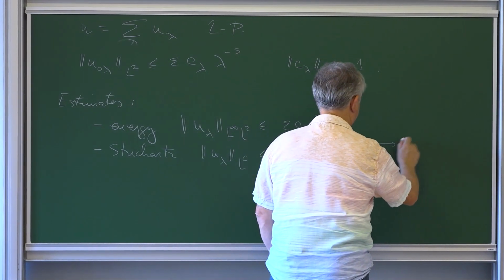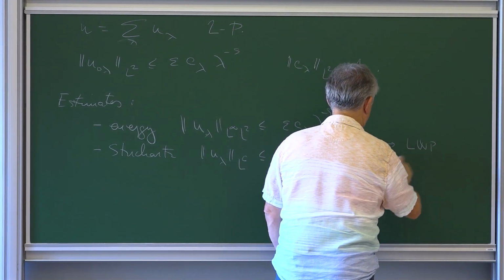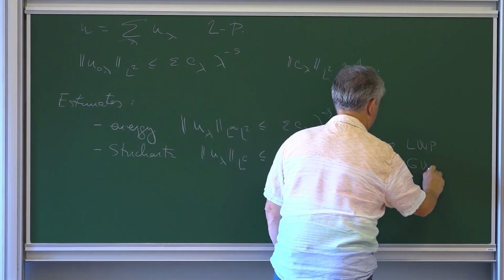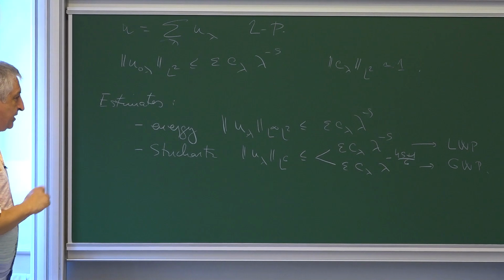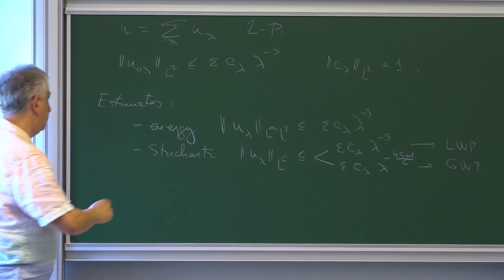This first number is for local well-posedness, and the second number was for global well-posedness. So we have a stronger estimate locally in time, but a weaker estimate globally in time.